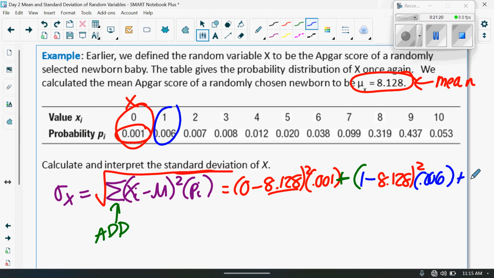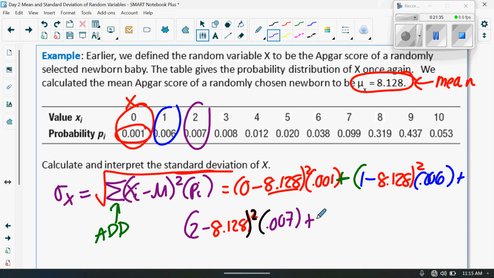You getting the idea? The next x, 2, minus the same mean, 8.128, square it, times its respective probability, 0.007. Plus, all right, I'm getting sick of this now. So now I'm going to do a dot, dot, dot, plus, and now I'm going to do my last term, which is going to be x equals 10.